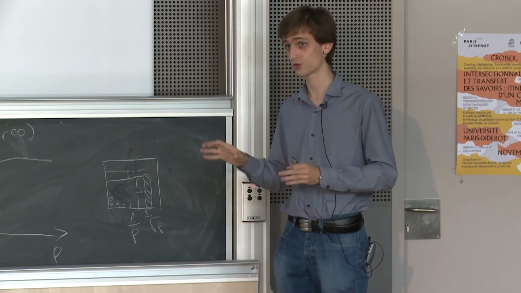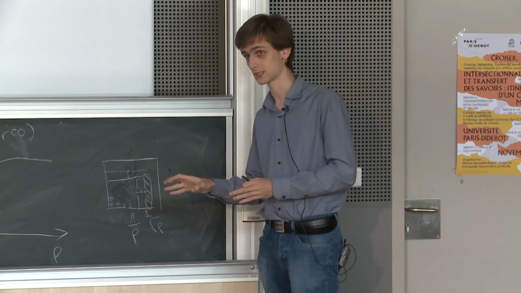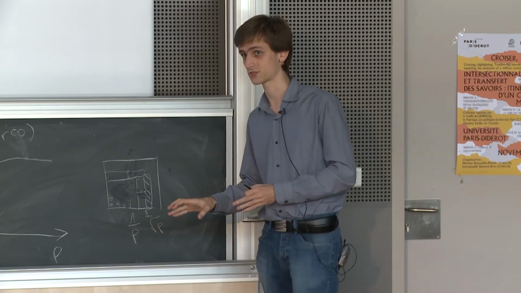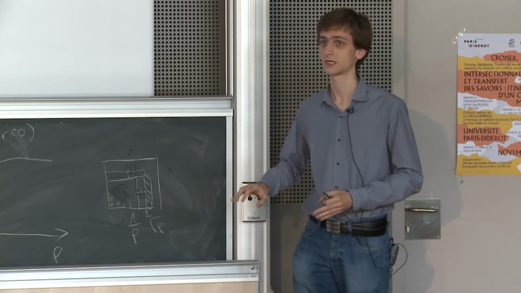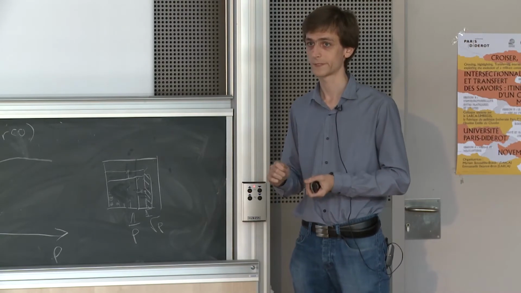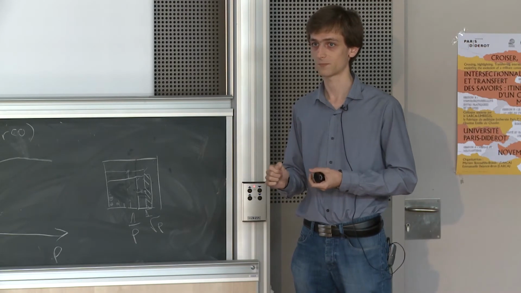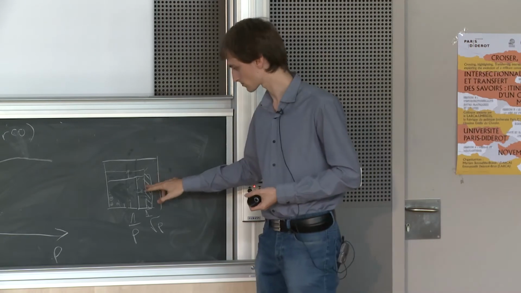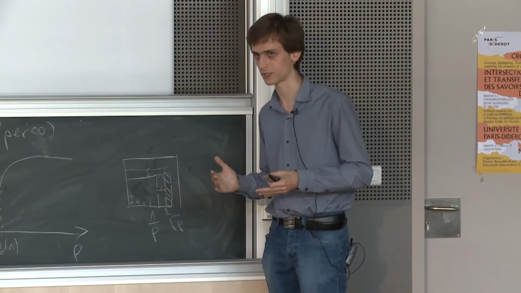So you make sure that those happen on disjoint regions of your space, and you have disjoint occurrence of the decreasing and increasing ones.